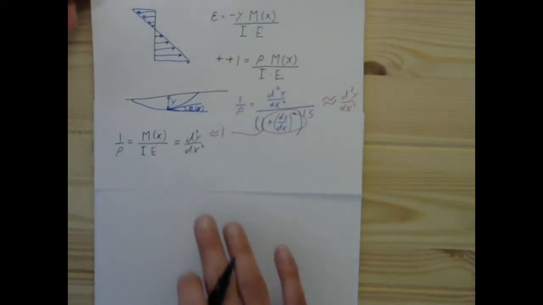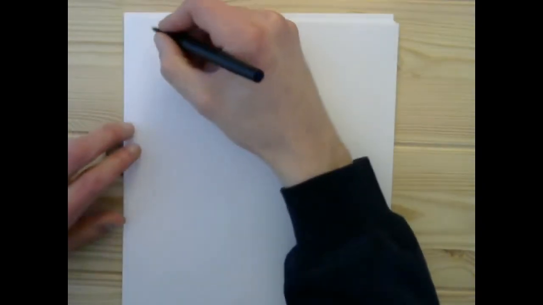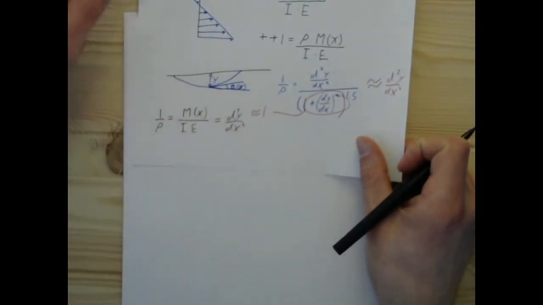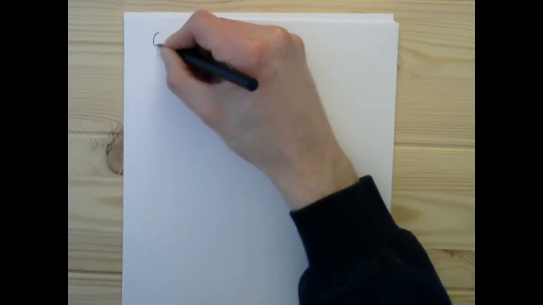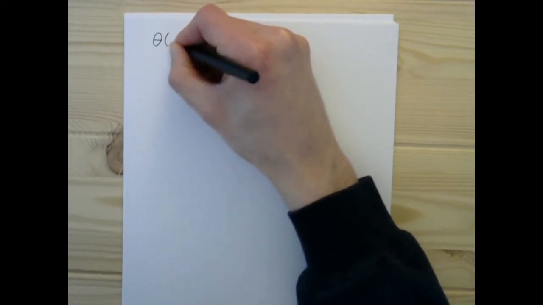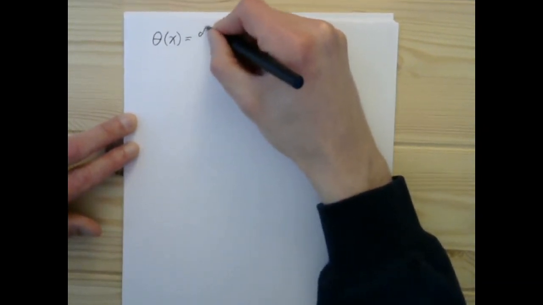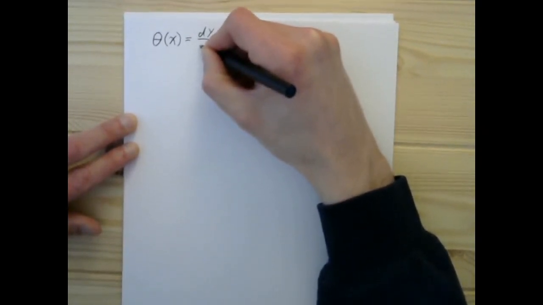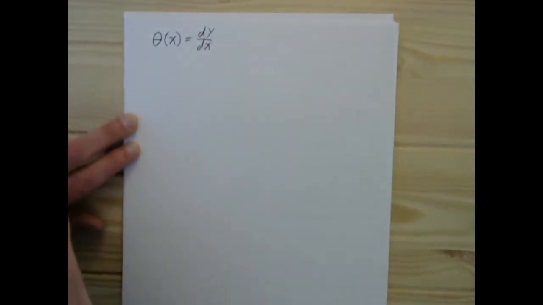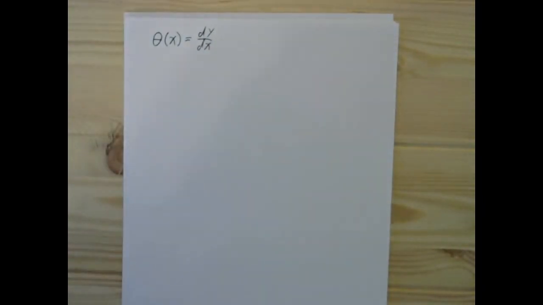And now I'm going to completely switch papers, and we can also write, based on this, that the rotation, which is going to be a function of x, is going to be equal to the derivative of the deflection. And that's going to hold for small rotations.